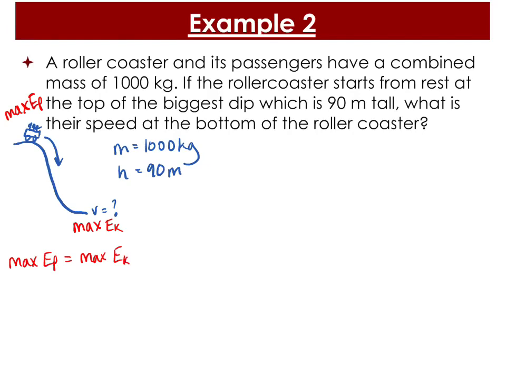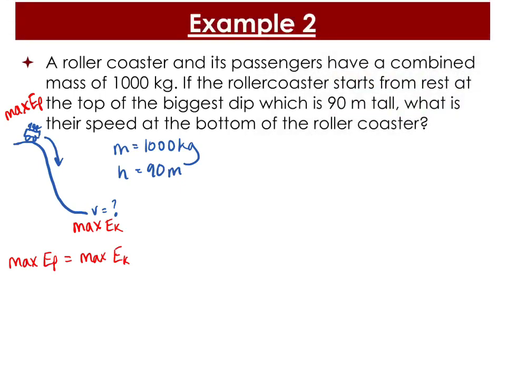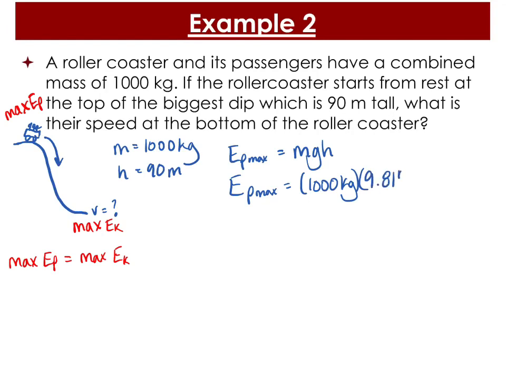So if we calculate potential energy at the very top, that'll be the same as the kinetic energy at the very bottom. So let's start with calculating the maximum potential energy at the very top of the roller coaster. So remember, potential energy is mgh, okay? So my mass is 1,000 kilograms. g is always 9.81 meters per second squared.